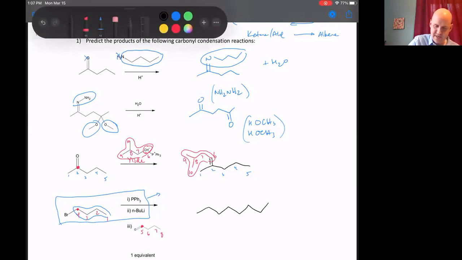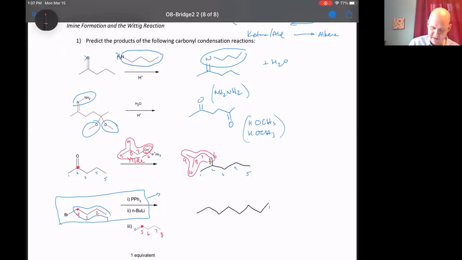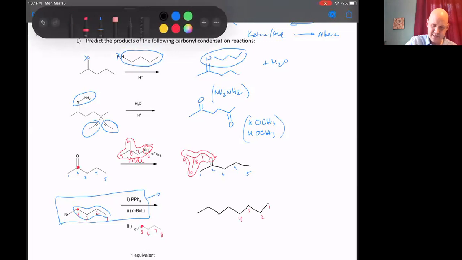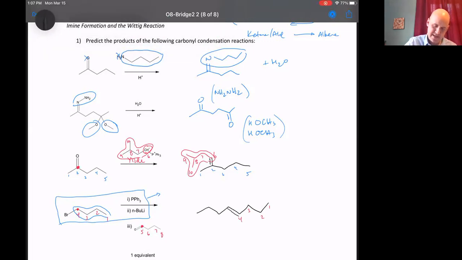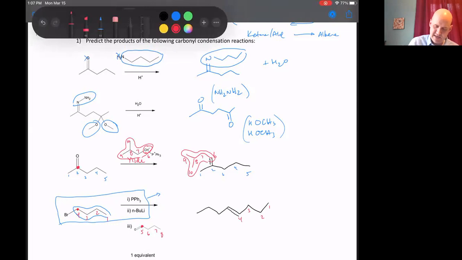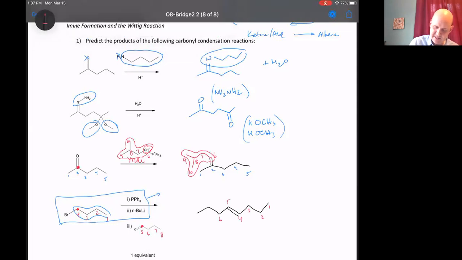And to number them all out, I'll count from this way since it looks more like what I started with. There's my 4 carbons, and then I'll have a double bond after that. And then I would have my carbons 5, 6, 7, and 8. So you can see that the double bond is still coming off of carbon number 5, going towards the new part that I added on, in the same way that carbon number 5 had the double bond to start with.